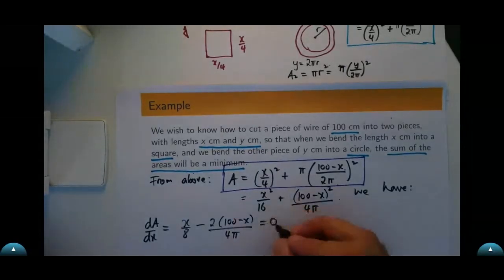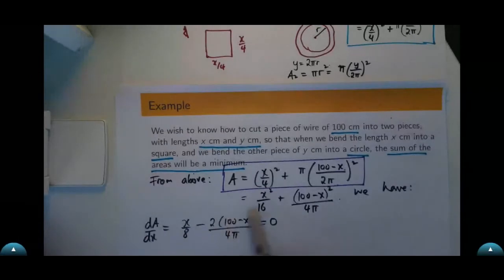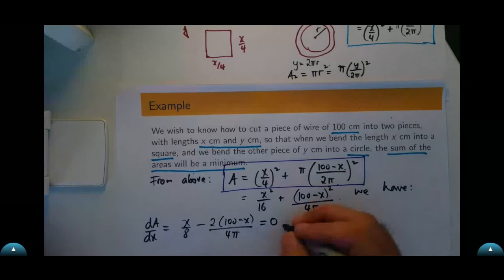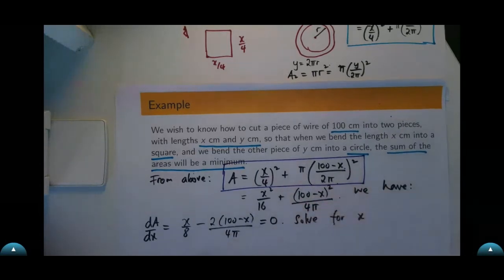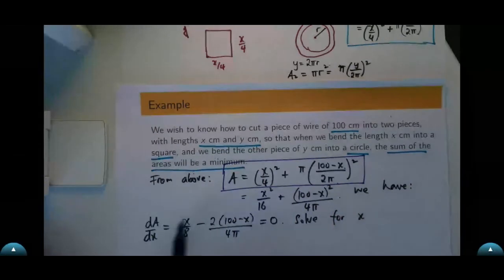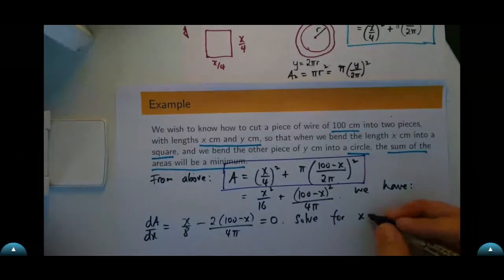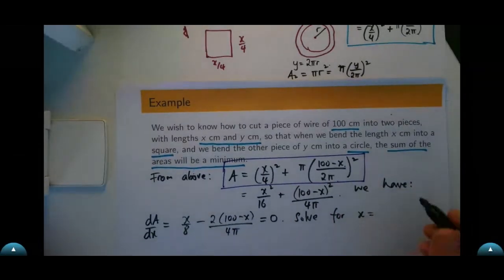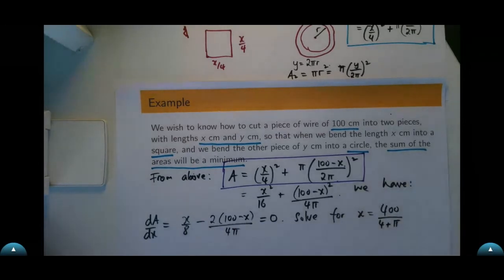Okay. So you want to solve this for 0. So you can put this all over one denominator if you want to. So you want to solve it for x. It's just a linear equation. So the solution you get is this. Okay, so you've got a value for x now.